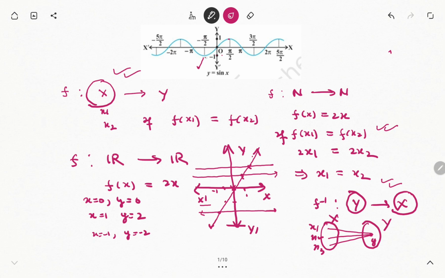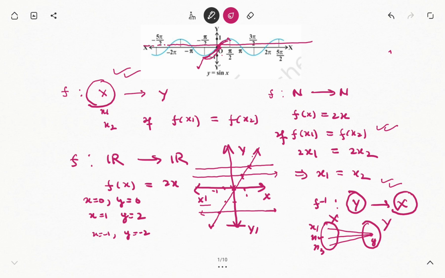I am drawing a dotted line here. See this. This branch is 1, 1. You can draw a line parallel to the x-axis. Now look at this branch. It is intersecting at only one point. So that's why it is necessary to restrict the domain of the trigonometric function.